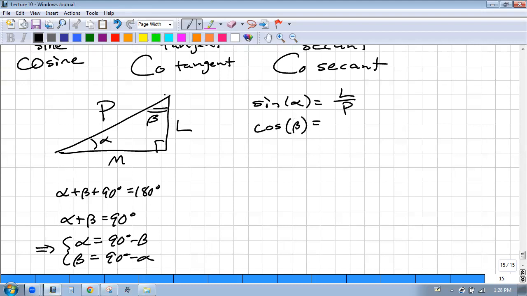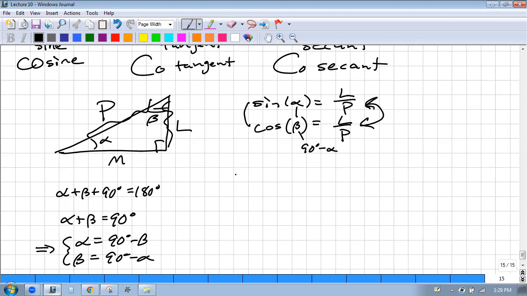Cosine, here's beta. Cosine is adjacent over hypotenuse. Notice those are the same thing, right? So if you switch from your function to its cofunction and you switch the angle to its complementary angle, you haven't changed anything, right? But beta is 90 minus alpha, all right?